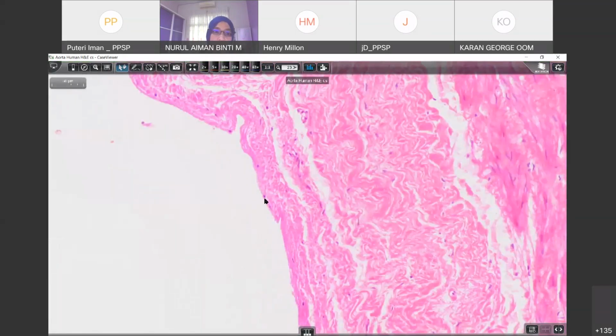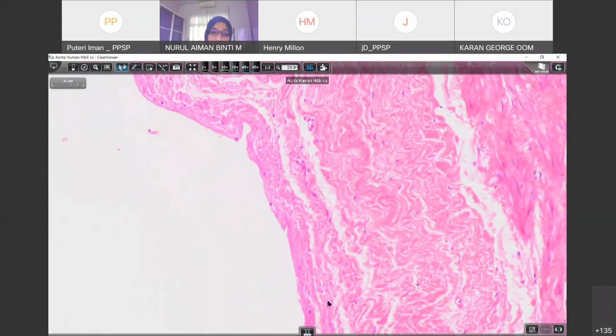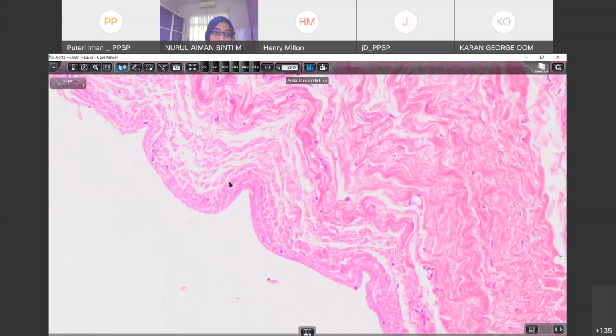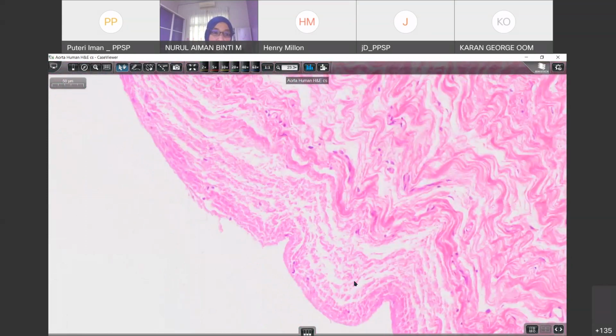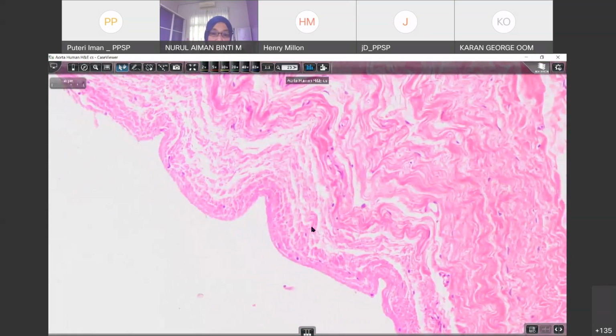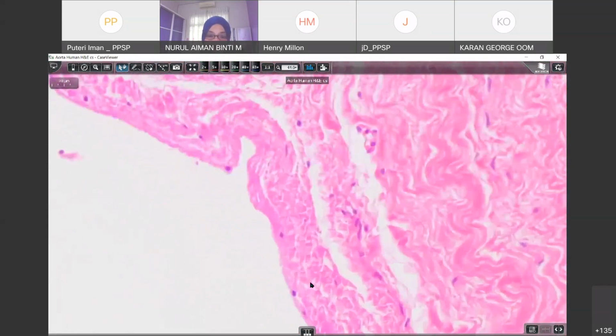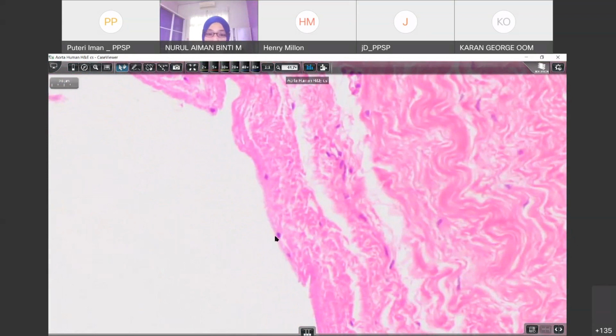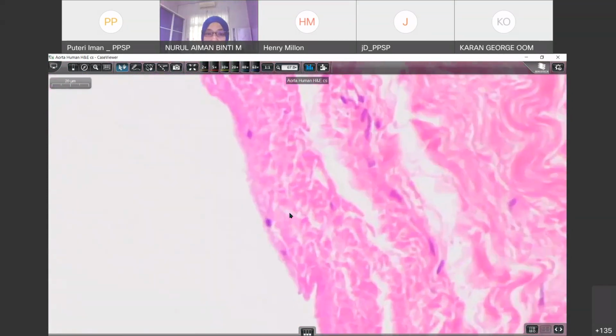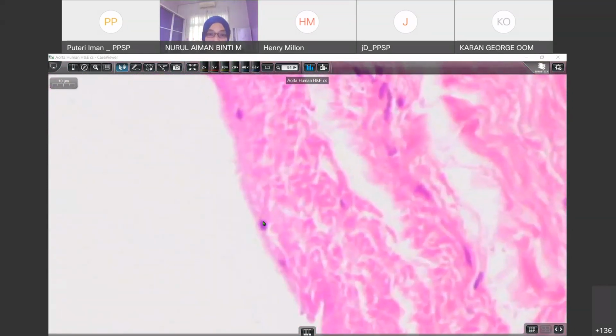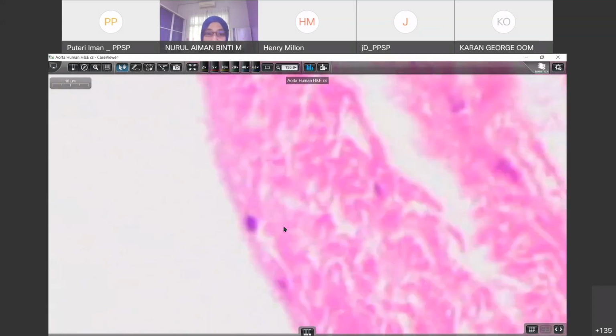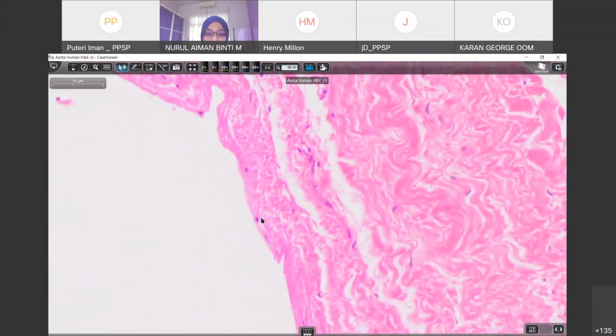You can see here, there is not much, because the epithelium was disrupted during the preparation of the slides. This is one type of simple squamous epithelium where the nucleus bulges. The bulging nucleus is not very clear, because once I enlarge the image it is hard to see clearly.